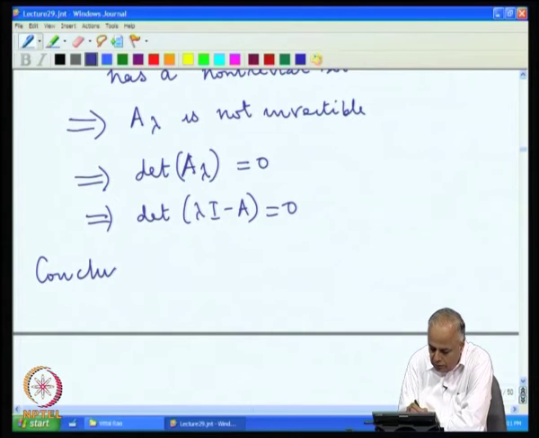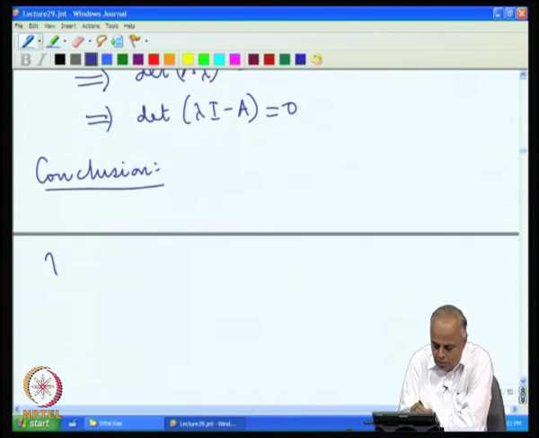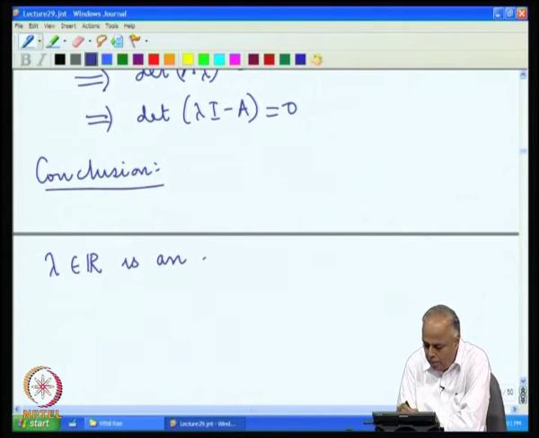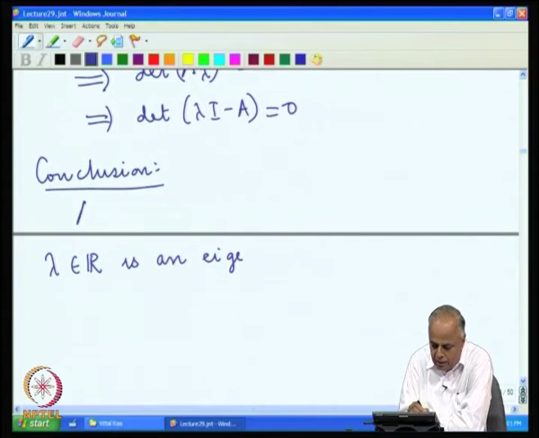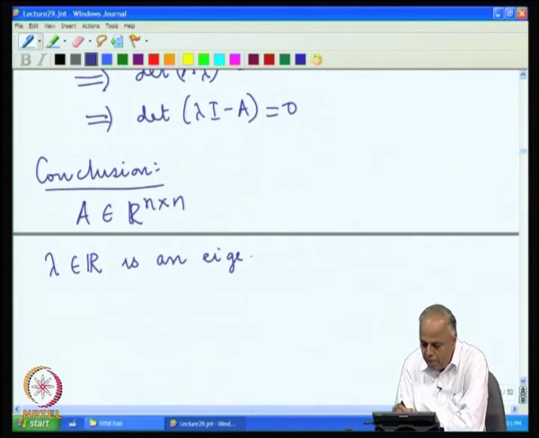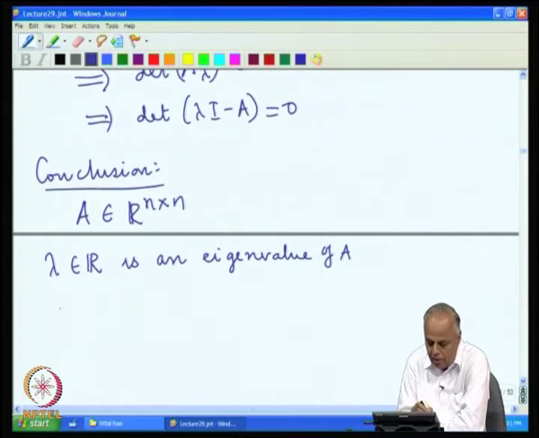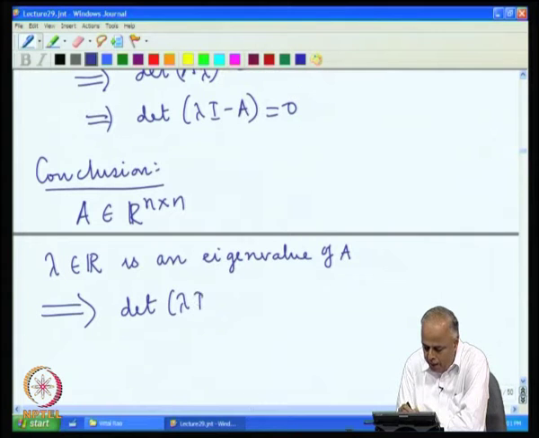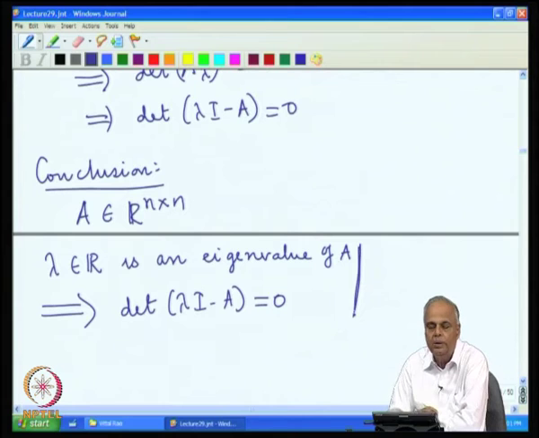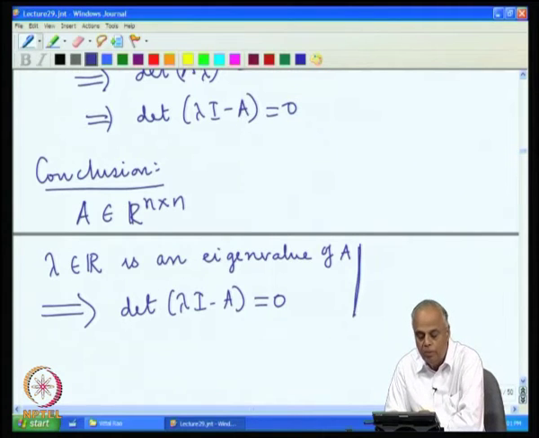The conclusion is that if lambda belonging to R is an eigenvalue of A, where A is a real n by n matrix, then the determinant of lambda I minus A must be equal to 0. This is our conclusion of the above discussion.